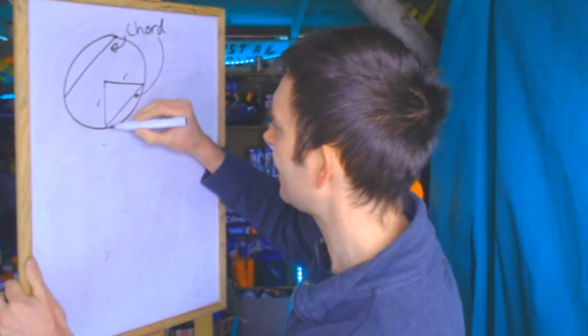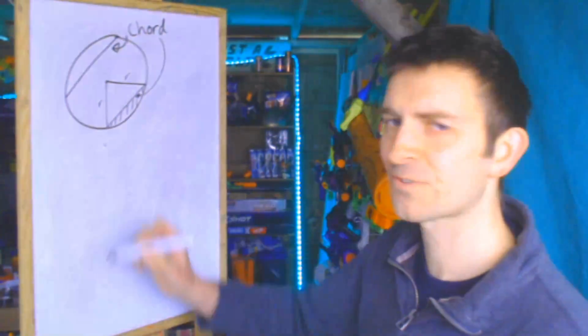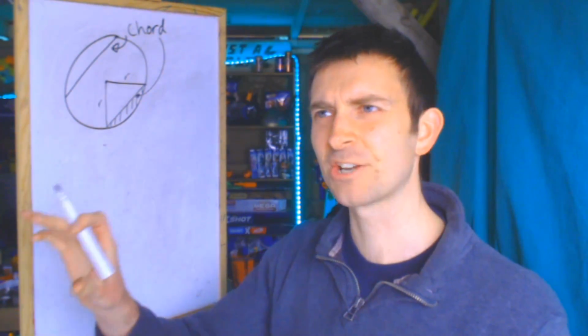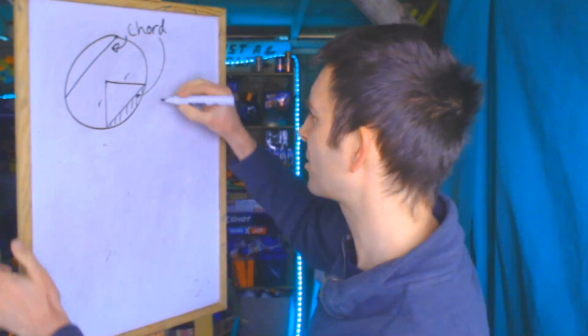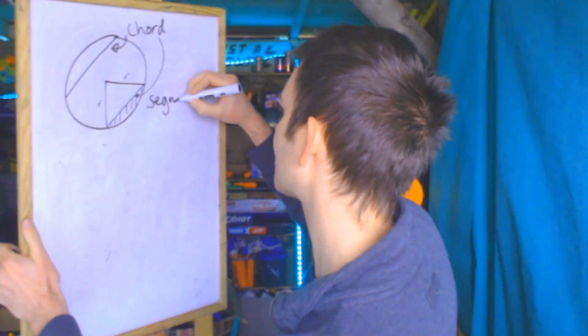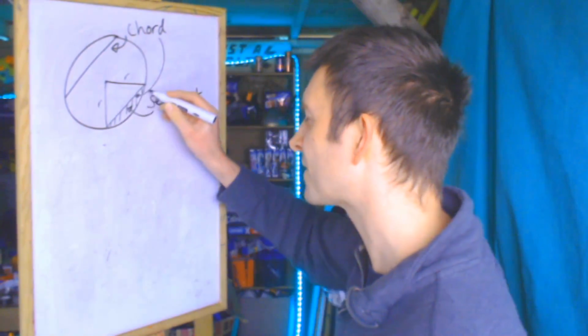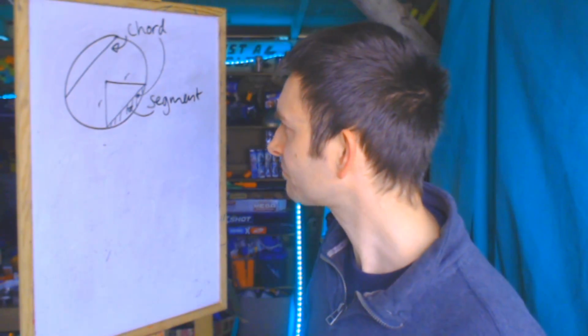And this area right here, that is kind of sliced off the circle, it kind of looks like part of a Terry's chocolate orange, doesn't it? And that's good because it's actually called a segment. So when you draw a chord and you slice a bit off of your circle like that, that's called a segment.